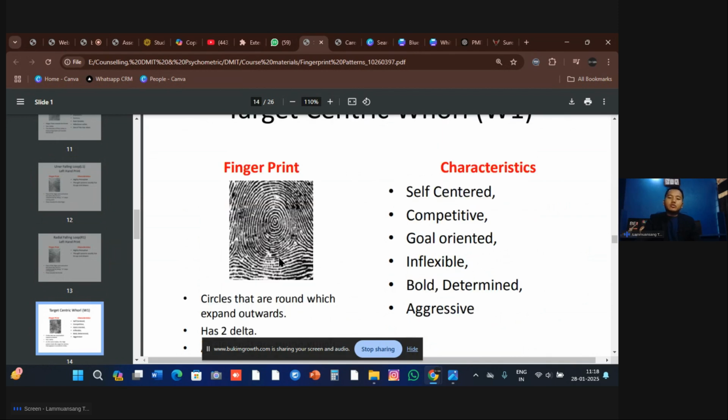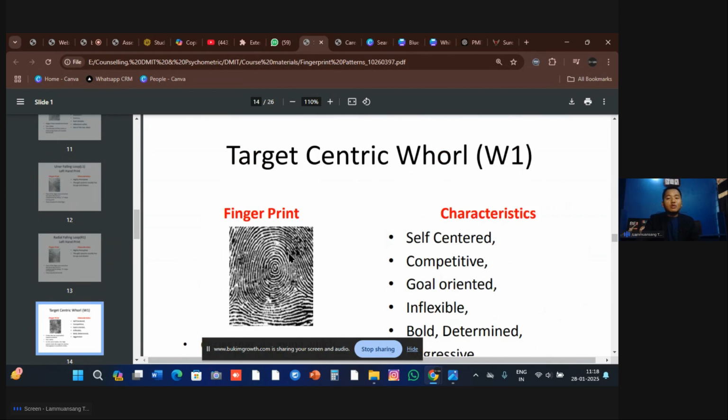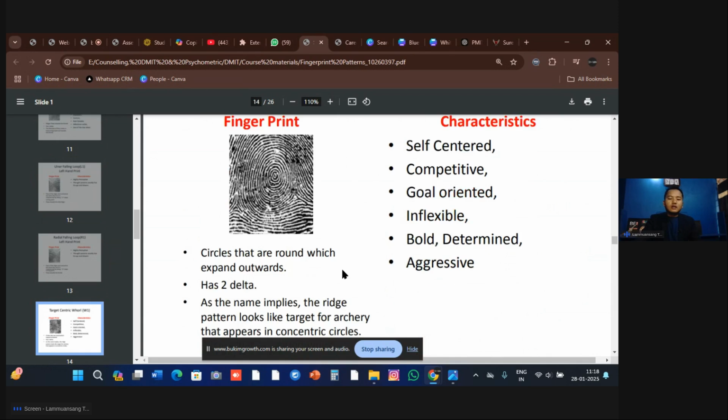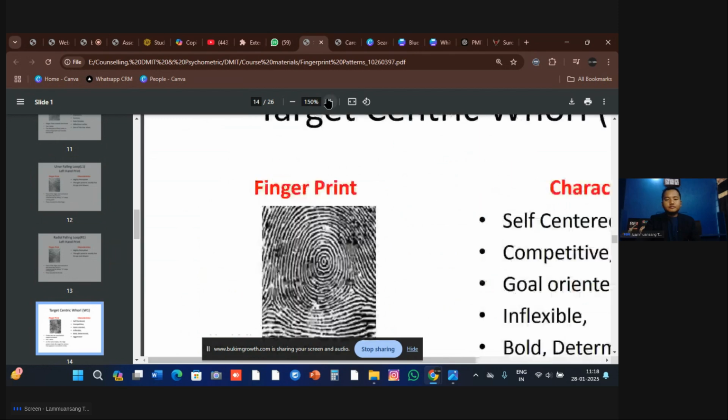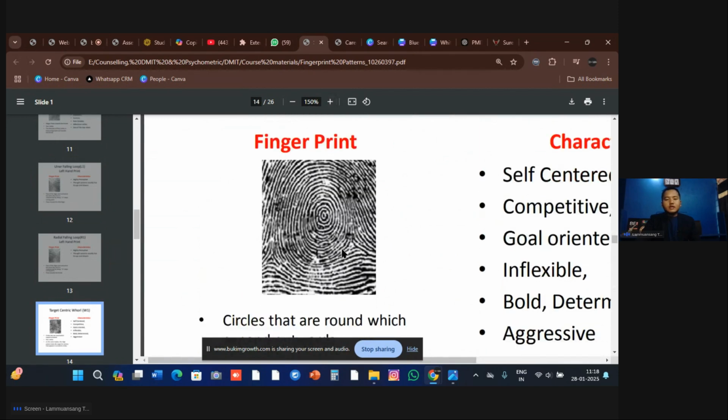Try to differentiate the difference between W1, W2, W3, W4, and the other fingerprints. For W1, it is target centric. If you are going to shoot an arrow, you will see this kind of target.